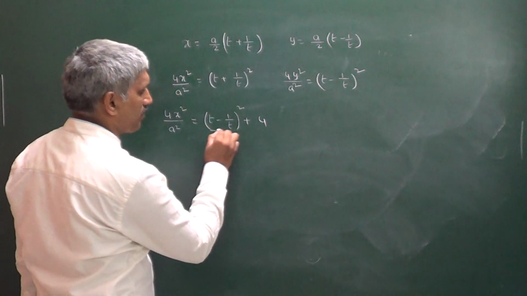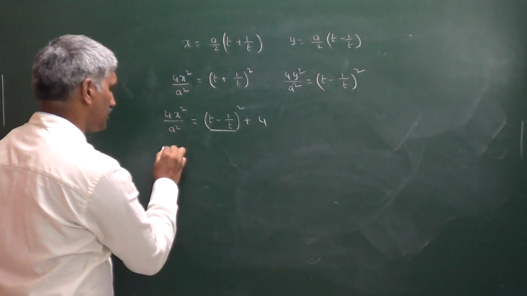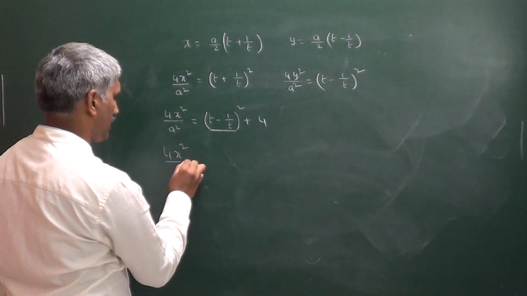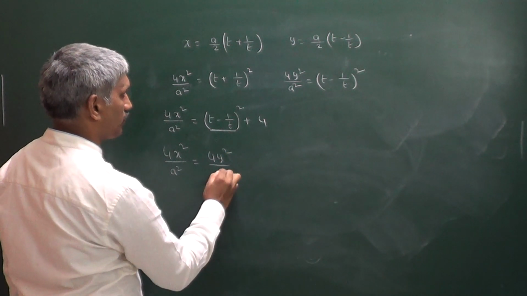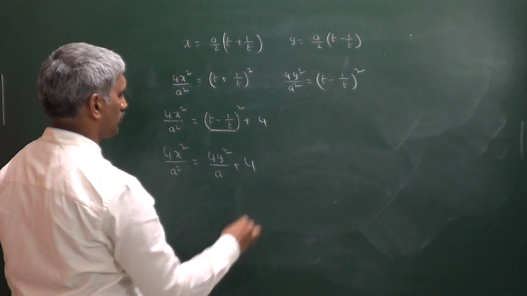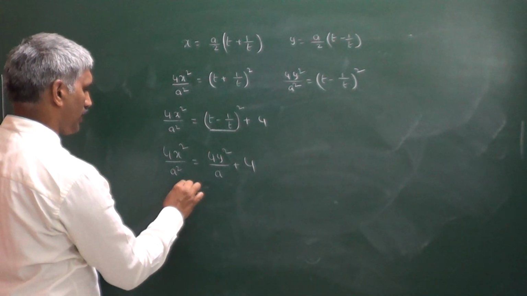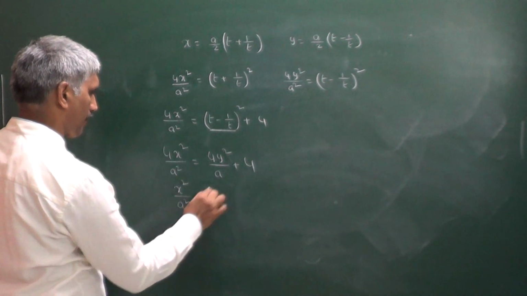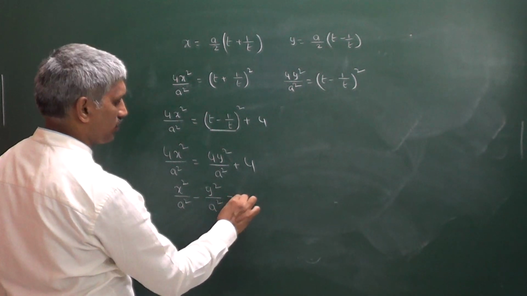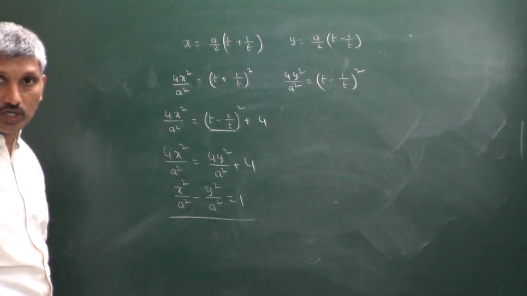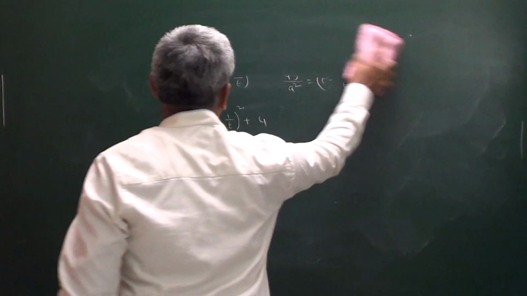Now in place of t minus 1 by t whole square we can write 4y square by a square. So 4x square by a square is equal to 4y square by a square plus 4. Now I can write x square by a square minus y square by a square is equal to 1. That is the locus for that particular point.